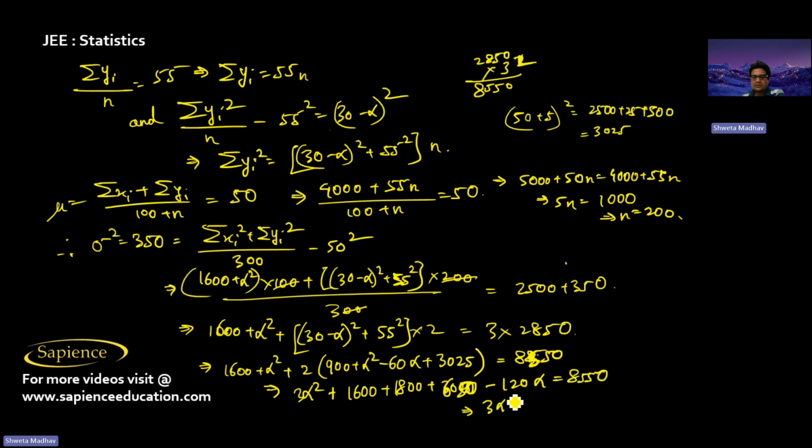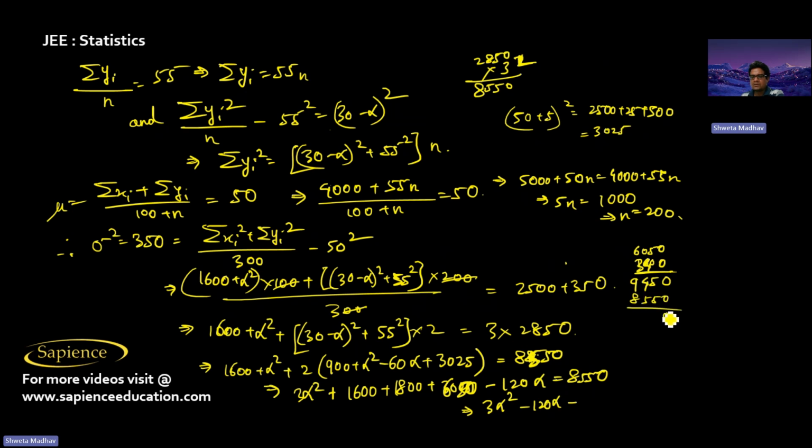This will be 3 alpha square minus 120 alpha, then 6050 plus 1600 plus 1800, that is 9450, minus 8550.